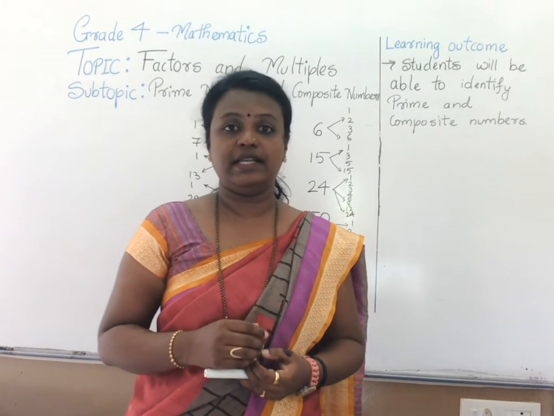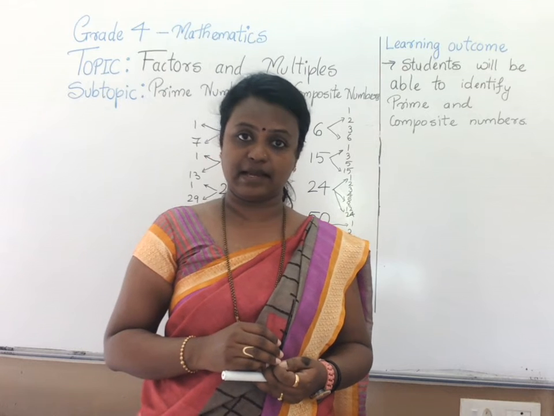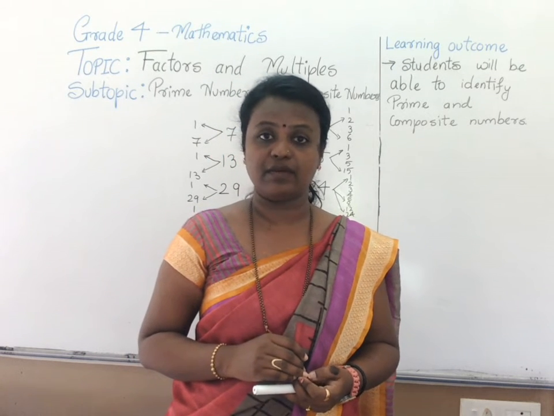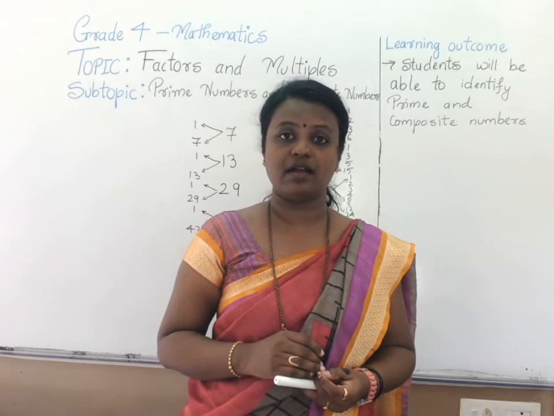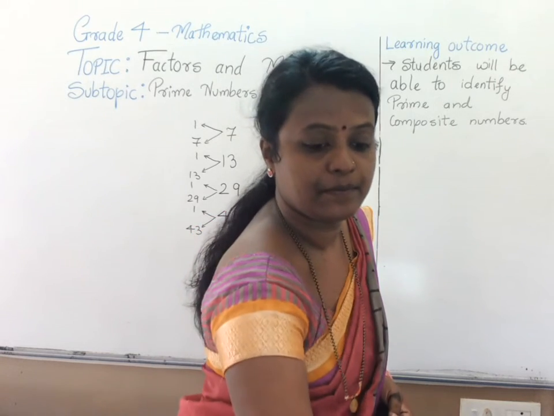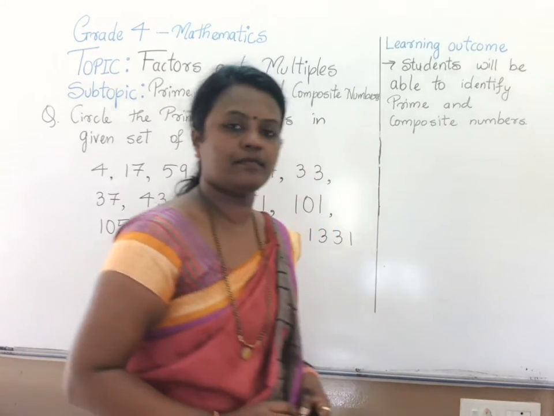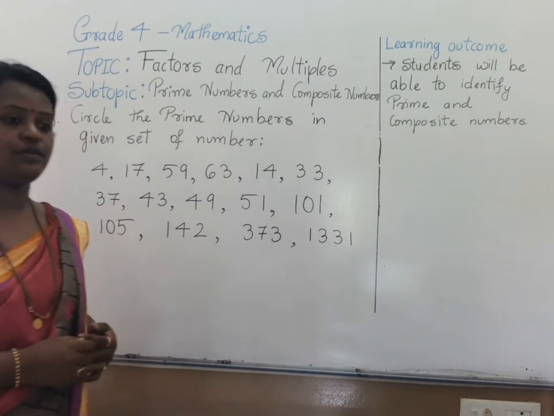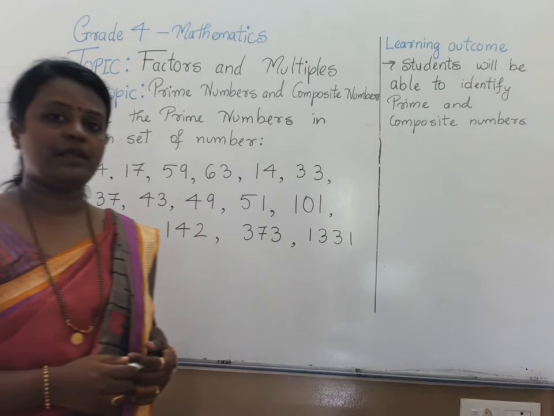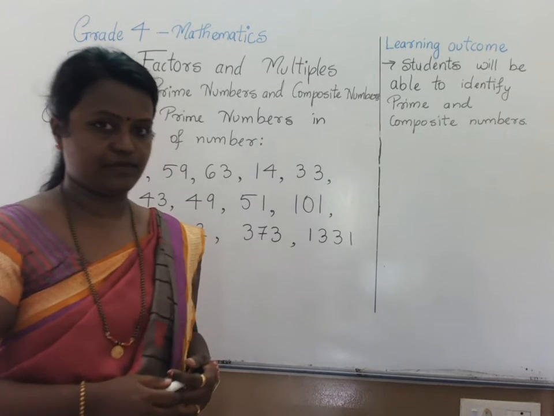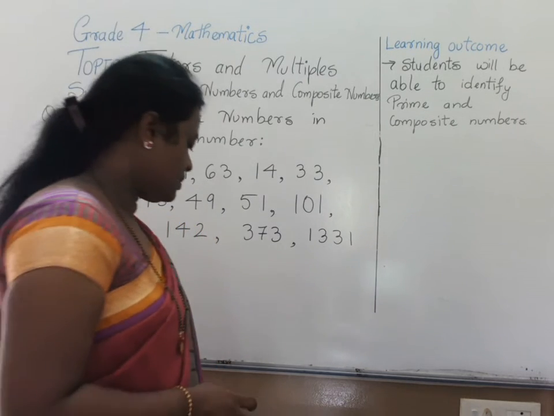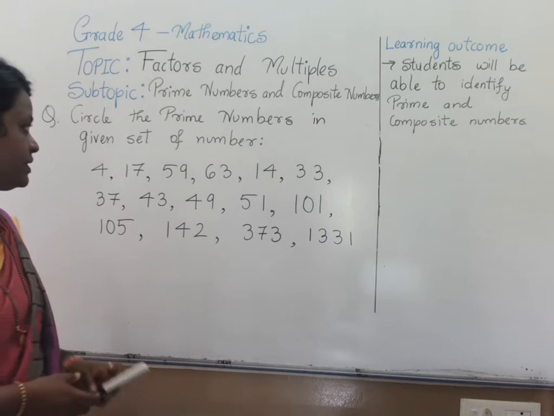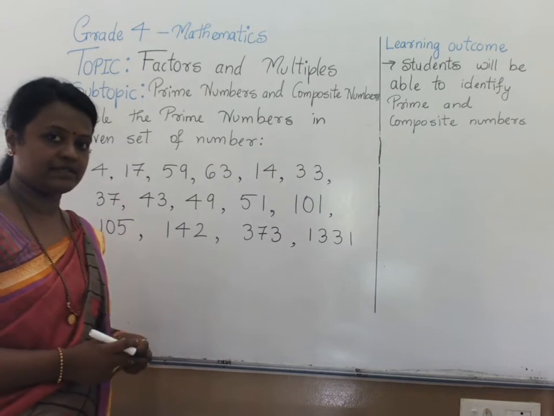So here let us start with some examples wherein you will be asked to identify which are prime and which are composite numbers. Here the question states you need to circle the prime numbers in the given set of numbers. So let us verify each number by finding the factors.